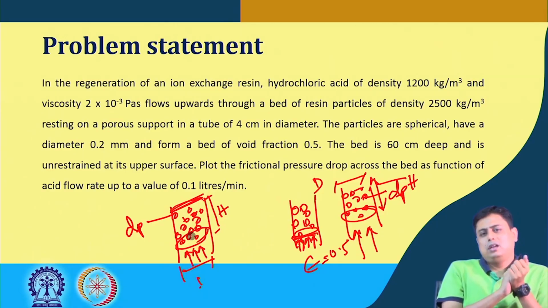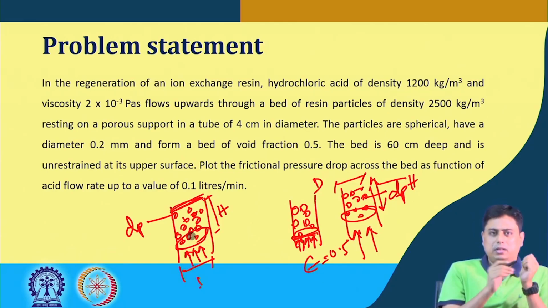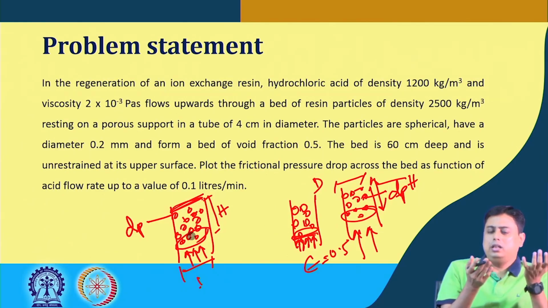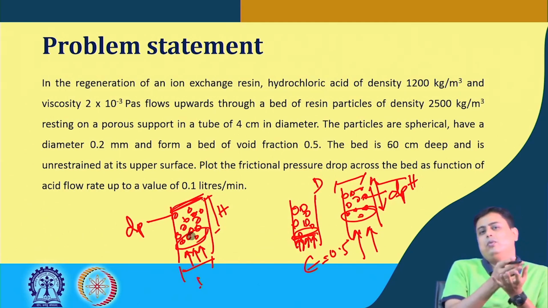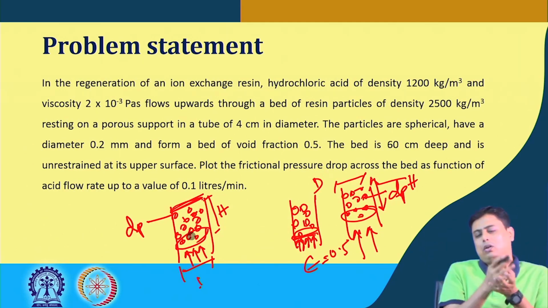So the point is the value that is given here, that is 0.1 liters per minute. Here, what will happen is whether the particles can withstand such a flow rate, so that they will not move out of the tube or go away with the fluid flow.